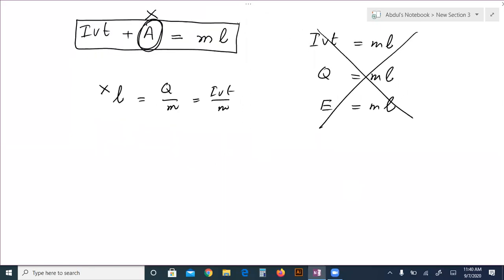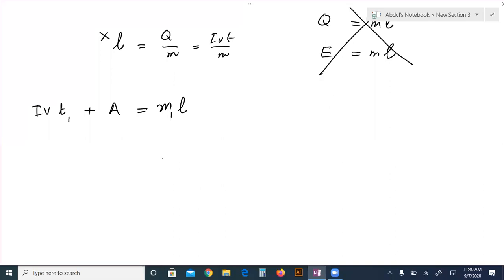Now, again, we will perform the experiment twice with a different mass of the ice cube, and we will melt it completely. So first, m1L is equal to IVt1 plus absorbed energy A, same heater, same current, same voltage, but the time will be different, t1. And then a different mass of the ice cube, same absorbed energy, because there is no change in temperature of the ice.